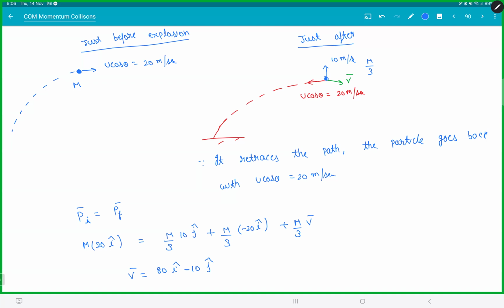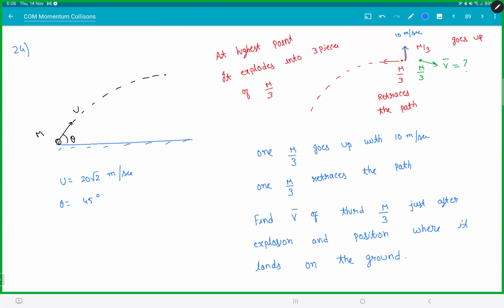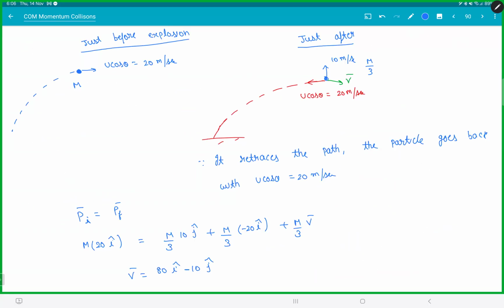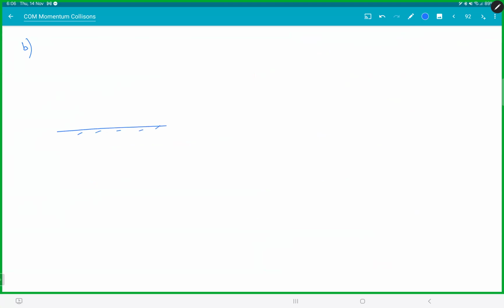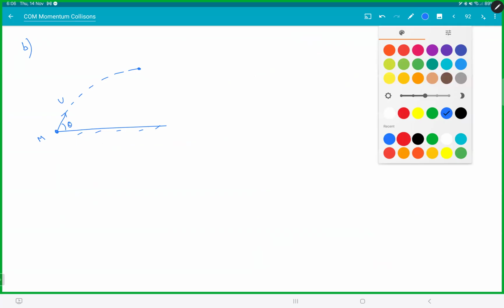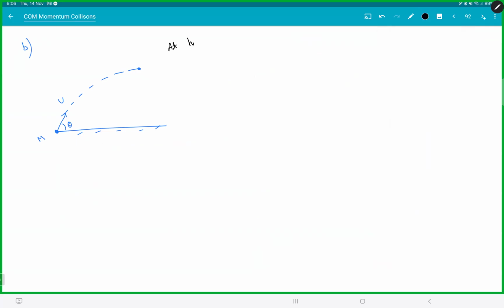Clear, everyone? Now, a simpler variation of this question, a mains level question, would be like this. A particle of mass m is projected with u and theta. At highest point, it explodes into two equal pieces.